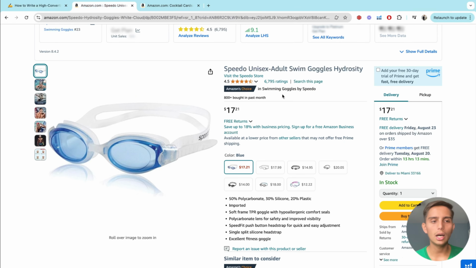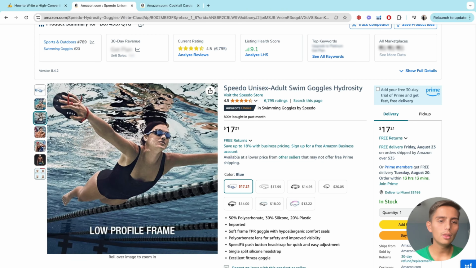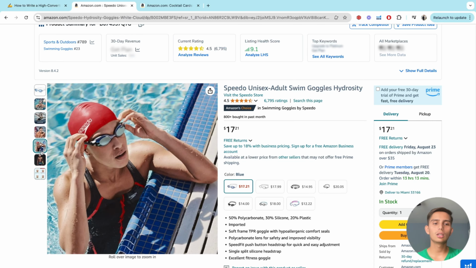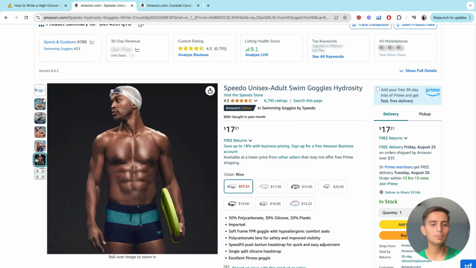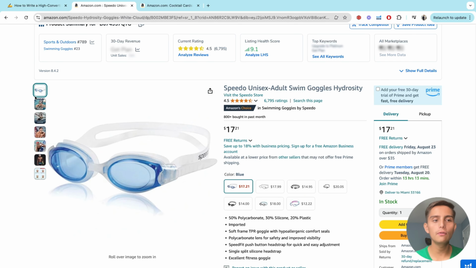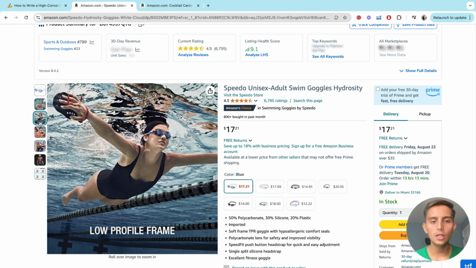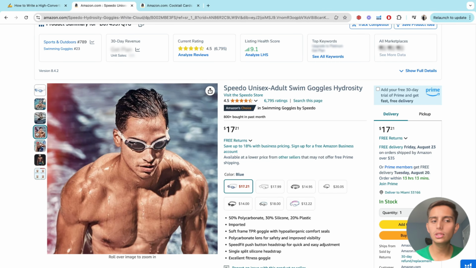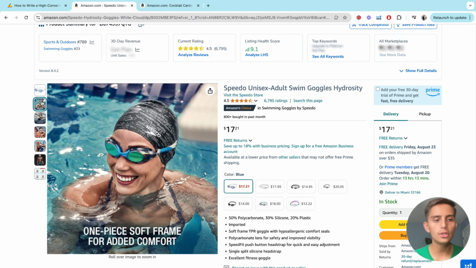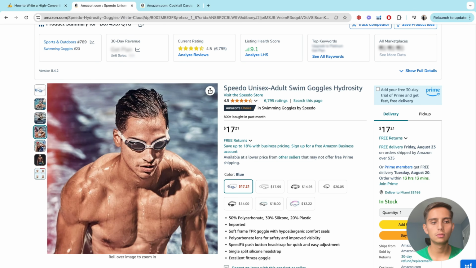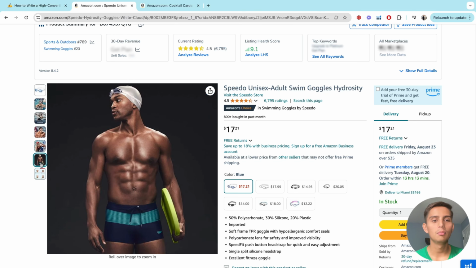Then these images are pretty much the same thing, and this is not something that you want. You want variety. You want different kinds of pictures. These are all lifestyle. This is a lifestyle picture, lifestyle, more lifestyle.